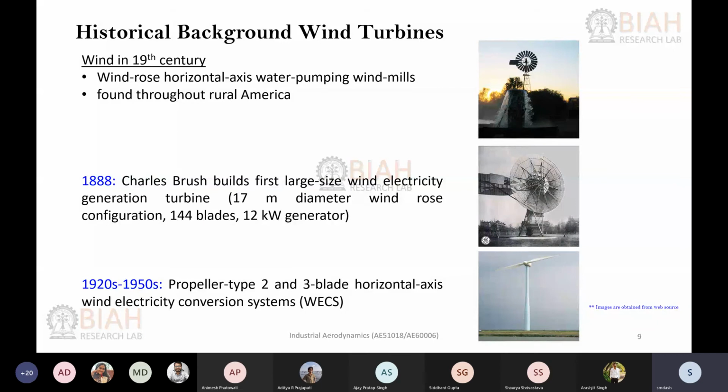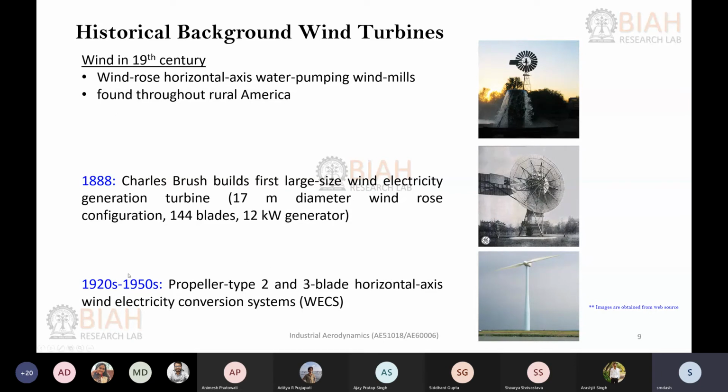Whatever research was going on in the early 19th century was set back because of fossil fuel consumption during World War I and II. Afterwards, when we started to see that there might be a scarcity of non-renewable energy sources, we are looking again towards wind energy and harvesting wind or any other form of solar energy.